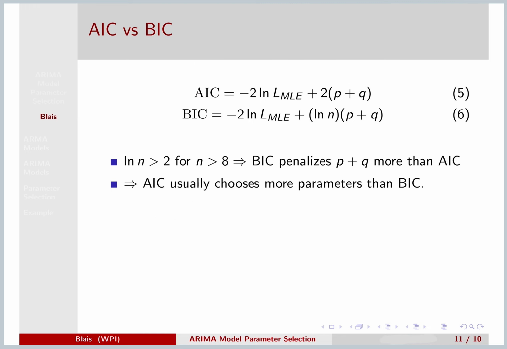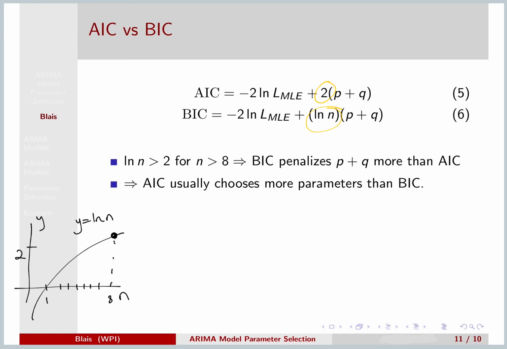So putting the AIC and the BIC next to one another here, we can see the difference explicitly, and we know that natural log of n, once we get to n of 8, is larger than 2.